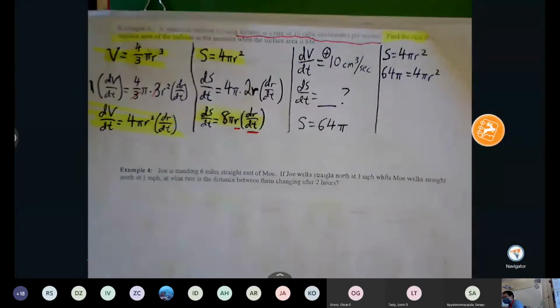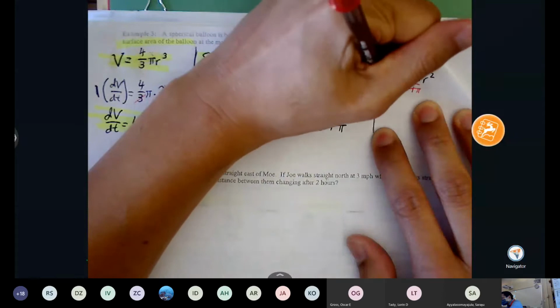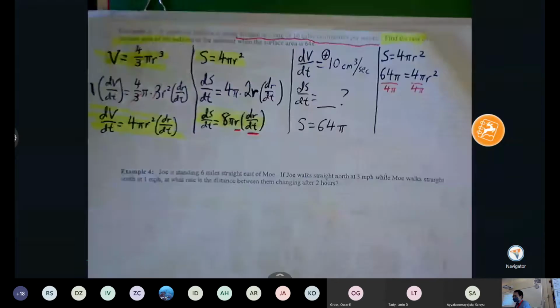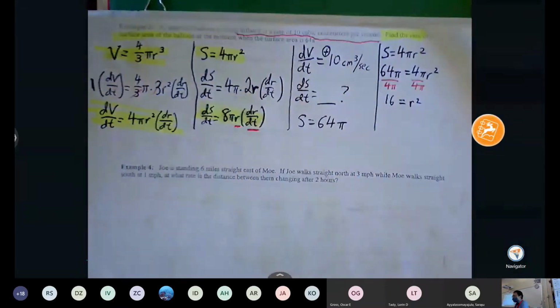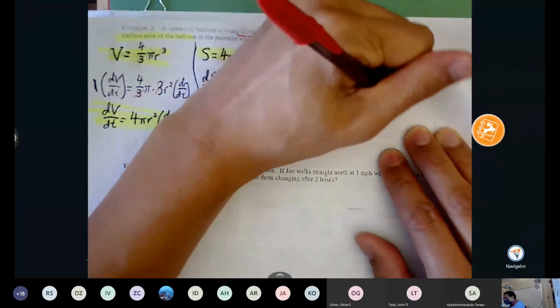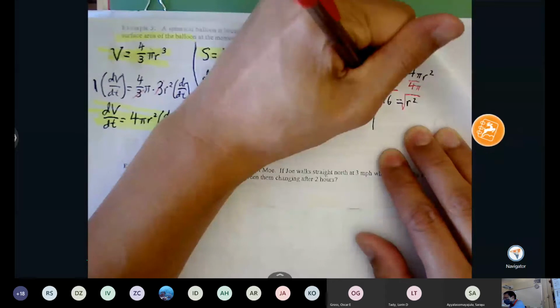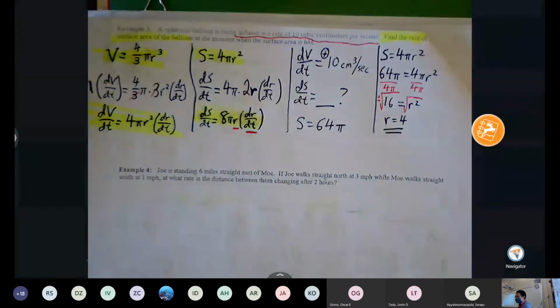Divide both sides by 4 pi. Reduce that. Yes, 16. Take the square roots. Technically, we have plus or minus that shows up, but for our problem, we're only going to keep what? Plus. Yeah, just the positive 4. Good. For our problem, it doesn't make sense to have a negative radius.